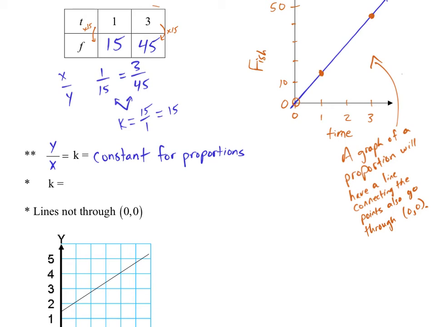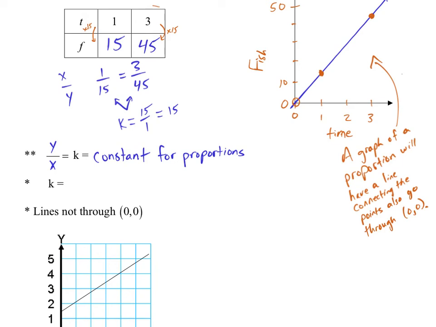Looking for an S word. The slope. The slope of this blue line is 15 because when it goes over 1, it rises 15. So the rise 15 over the 1 is the slope. The slope is 15. So k then is going to equal the slope of that line.